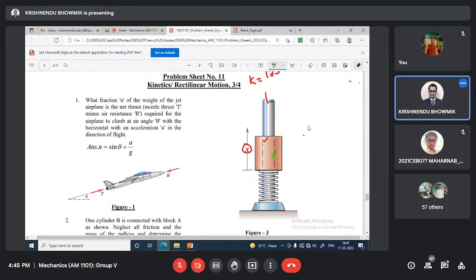So let's draw. Hello, sir. Can I ask something? Yes, sure. Sir, the spring is hollow, right? I mean, the rod is inside the spring. Yes, I'll tell. This cross section is like this. This collar is hollow.